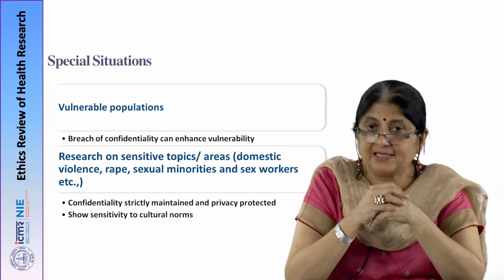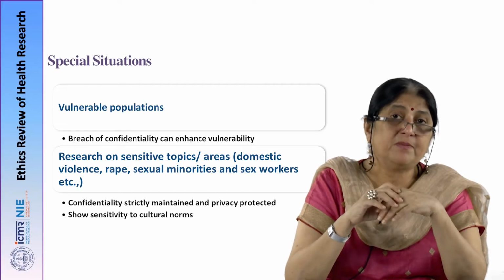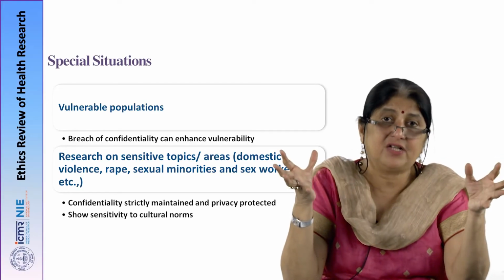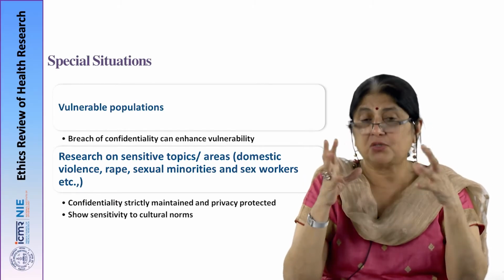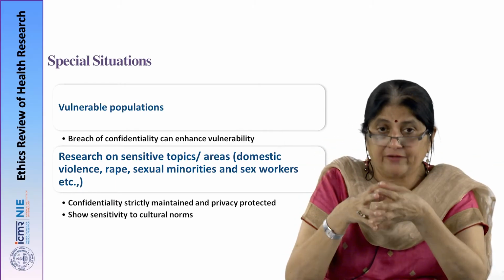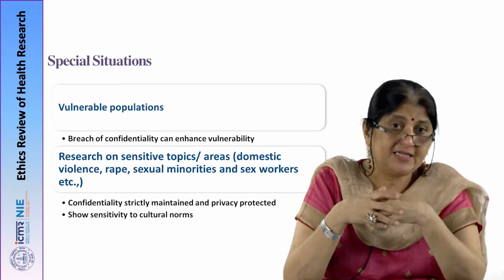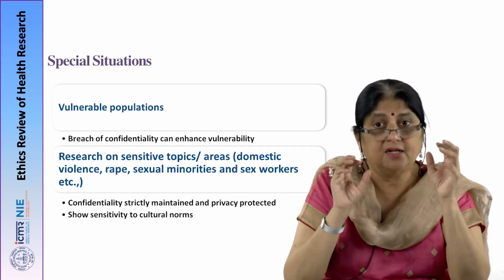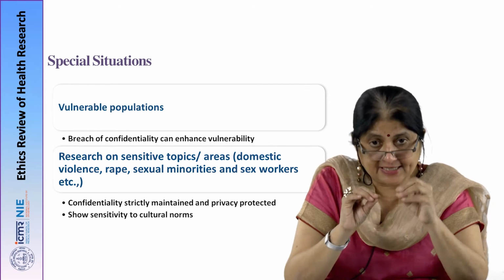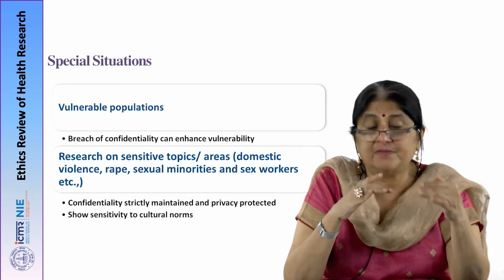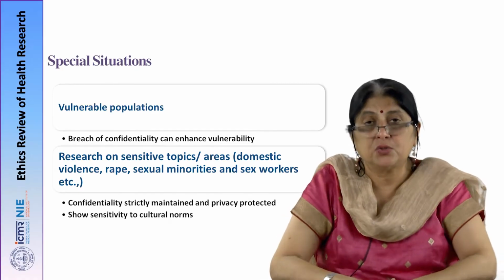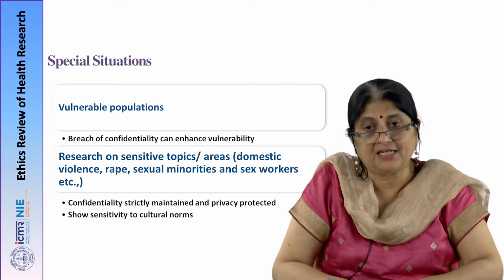Even if it's an accidental breach of confidentiality, we must remember that it can enhance vulnerability. And when research is planned on sensitive topics or in sensitive geographic areas, for example, in domestic violence, rape, etc., more care has to be put into place for confidentiality of the data and privacy, more systems, and the EC should review this whole process, including that of taking consent.